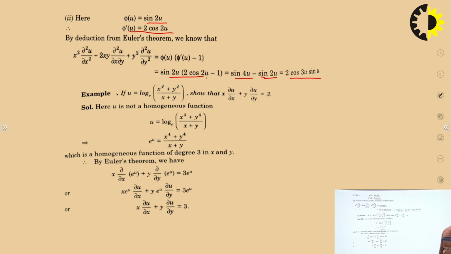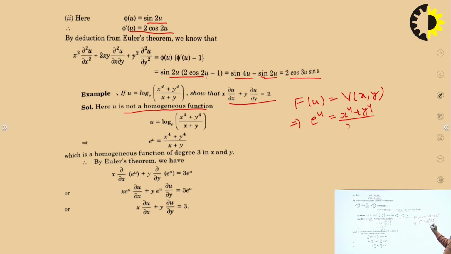In the next problem, if u = log((x⁴ + y⁴)/(x + y)), show that x ∂u/∂x + y ∂u/∂y = 3. Here u is not a homogeneous function, so this function can be put in the form of f(u) = v(xy). So e^u = (x⁴ + y⁴)/(x + y).